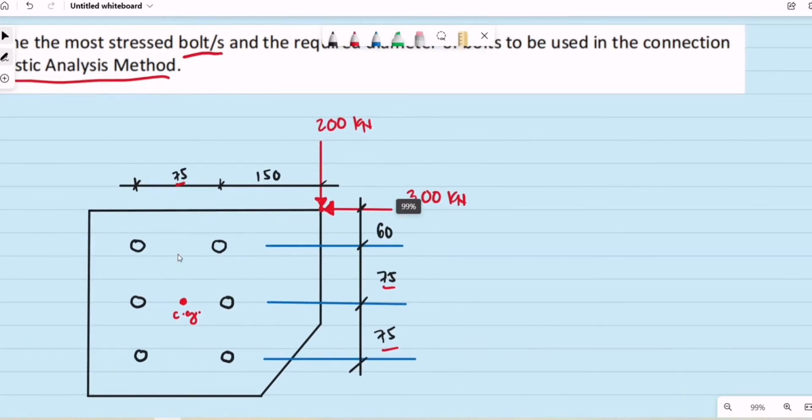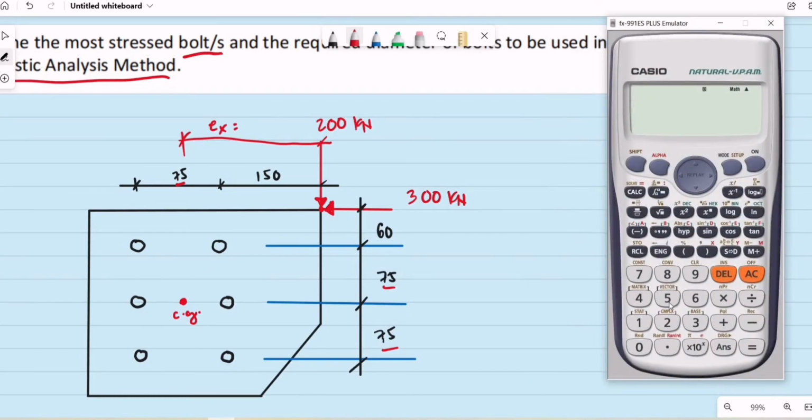So we can now compute for the eccentricities. We have the eccentricity along x-axis, that is for the 200 kilonewton load. Eccentricity along x is equal to half of 75 plus 150.